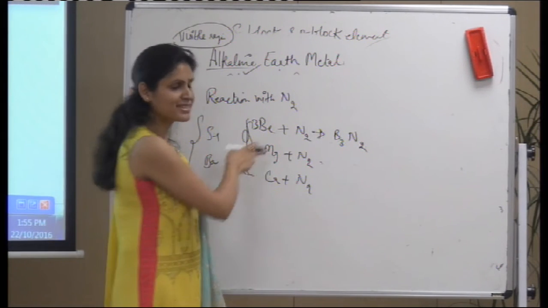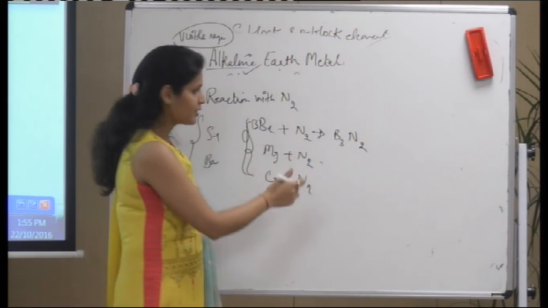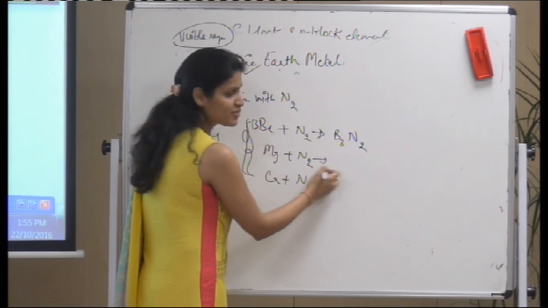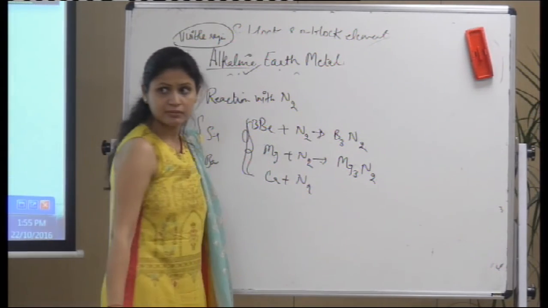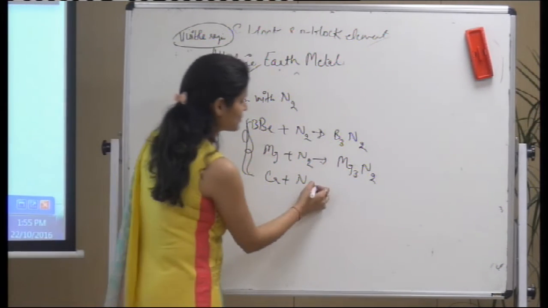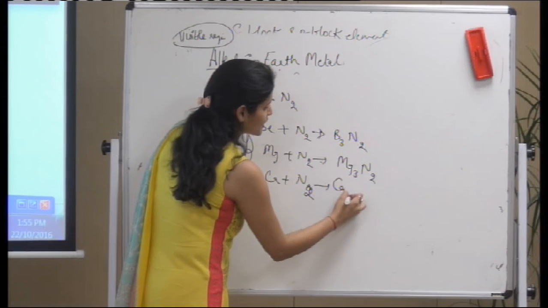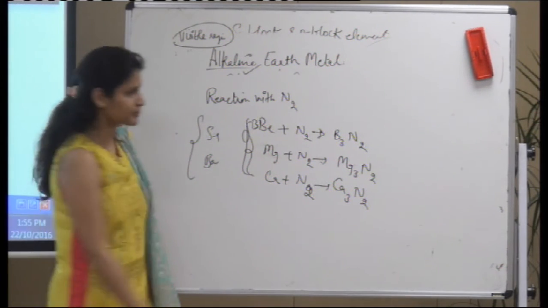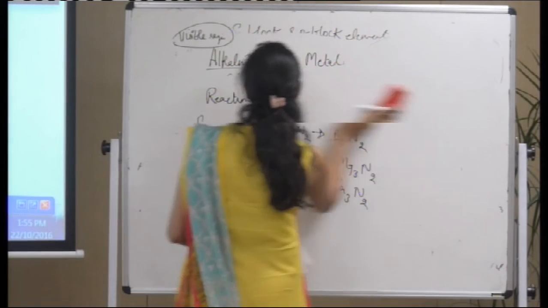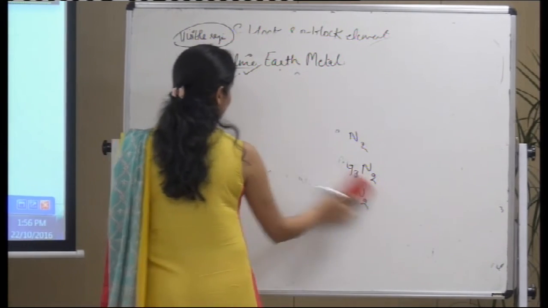Make sure you balance the equations. Next is magnesium nitride. It would be Mg3N2. Similarly, this would be calcium nitride. Clear?